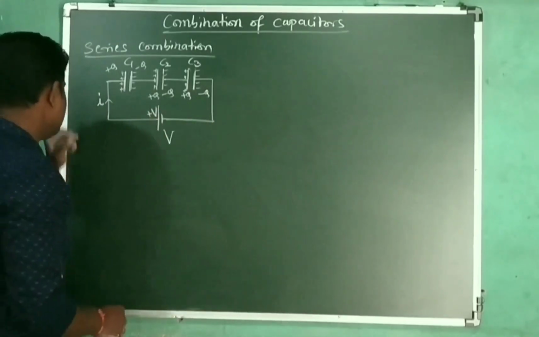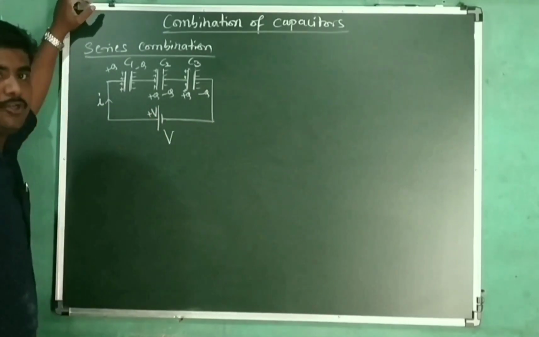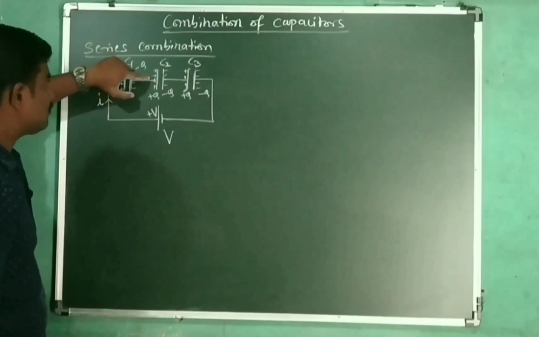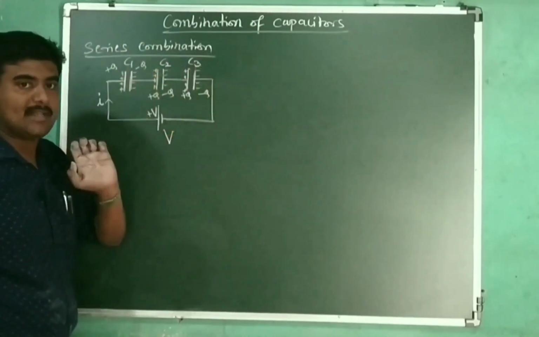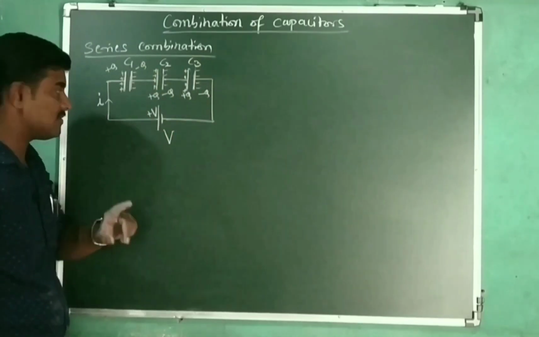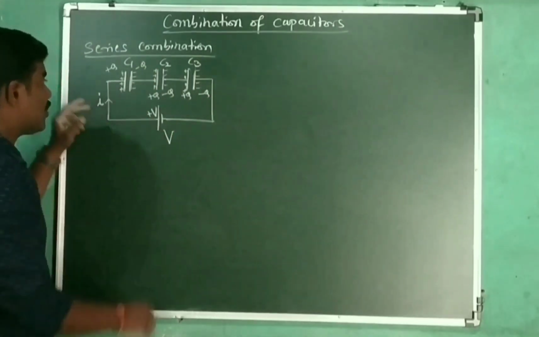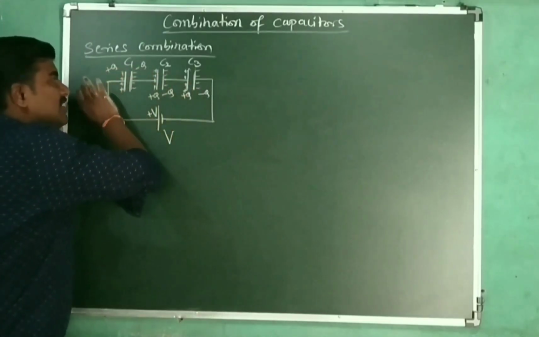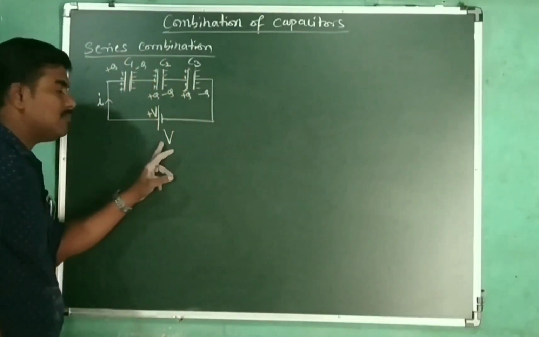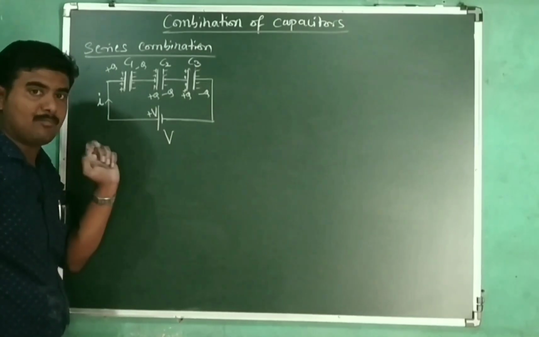But potential difference is going to be different at this location, at this location, at this location. Potential difference varies from capacitor to capacitor. The potential difference through C1, C2, C3, the sum of those potential differences must be equal to what? V. That is a very important point.